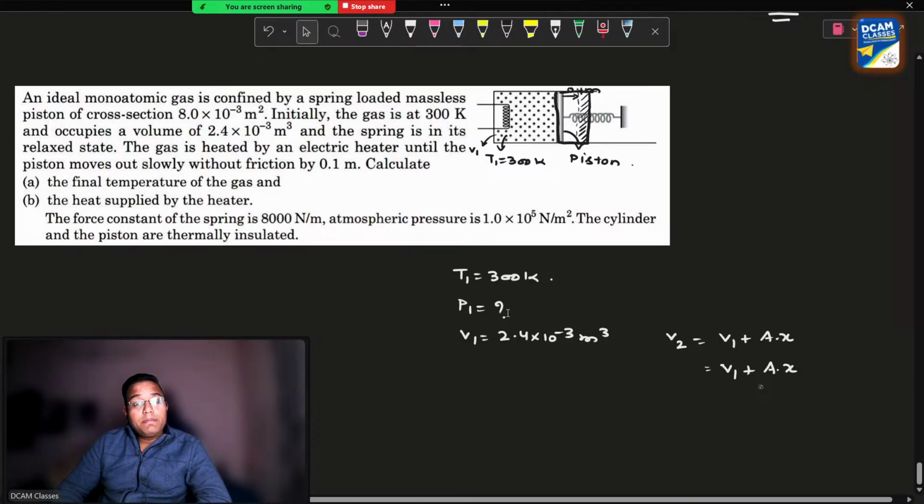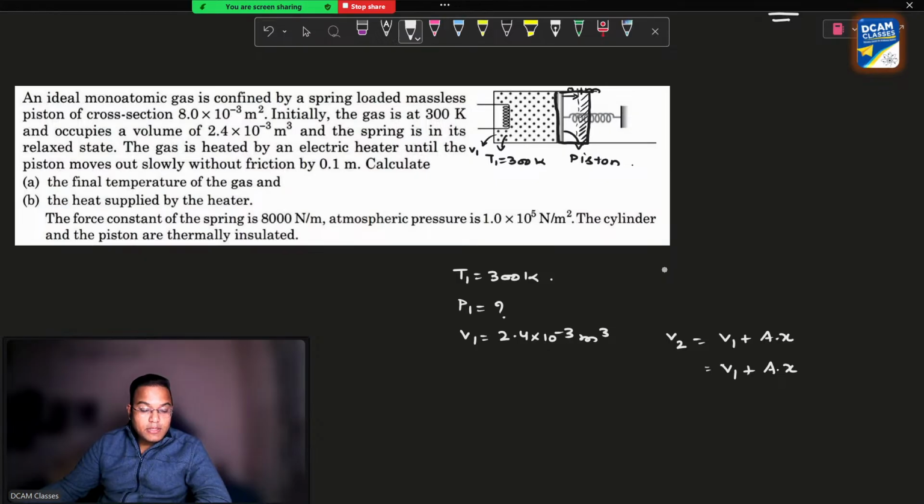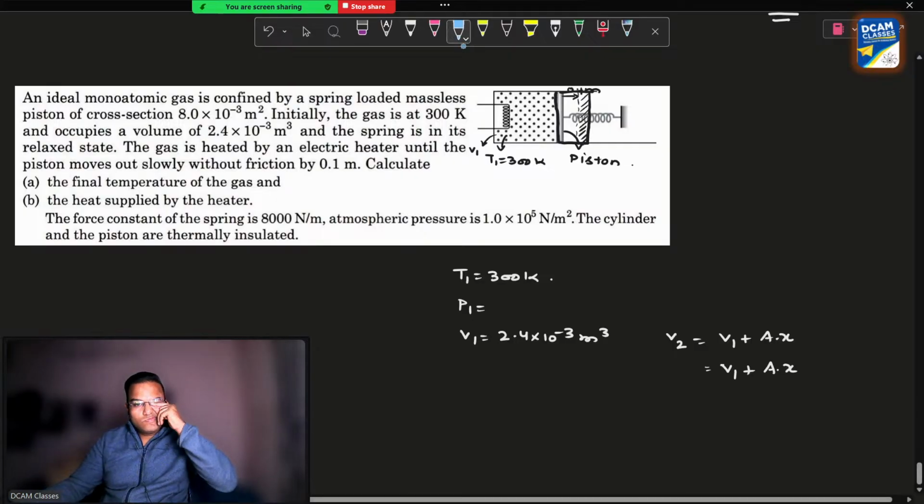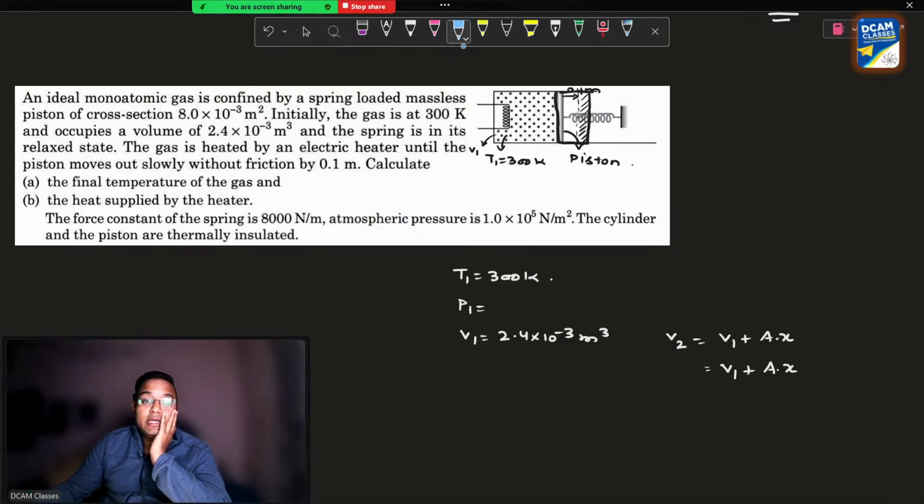Now what will be the pressure here? Pressure actually we do not know. Initial pressure also we do not know. One thing I can apply here: initial pressure may be the atmospheric pressure, because they have given it as 8,000 Newton per meter.